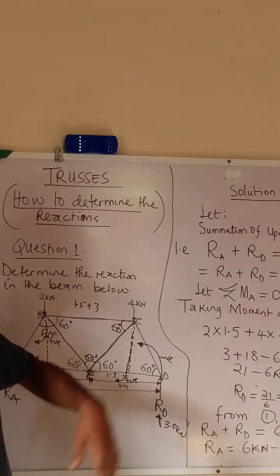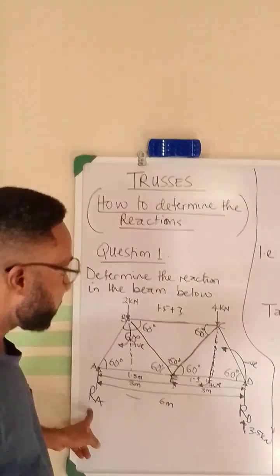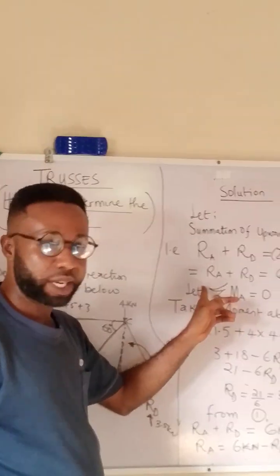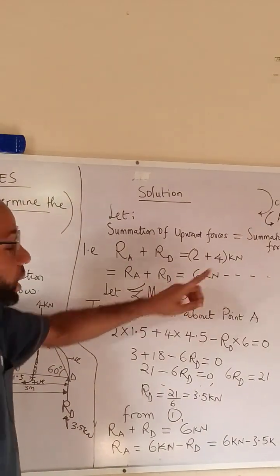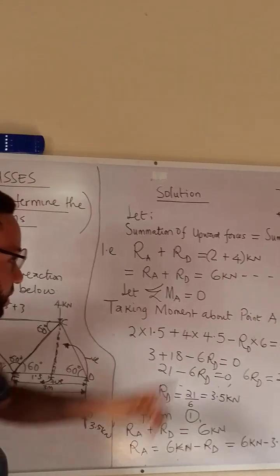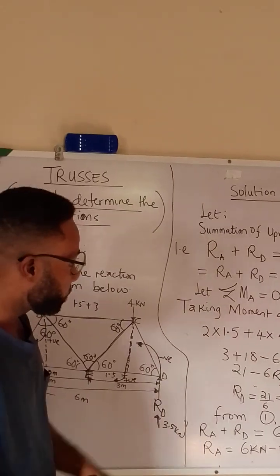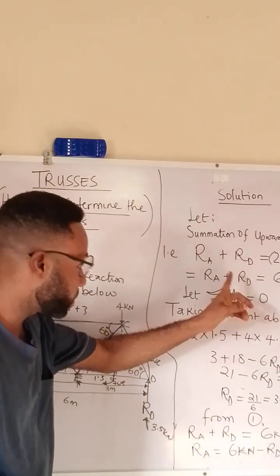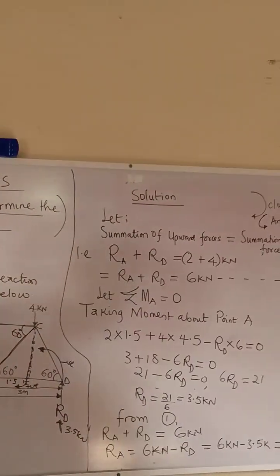To determine the value of RA, we go back to our equation 1, which is RA plus RD equal to 6 kilonewton. We've gotten the value of RD, so we can use this equation to determine the value of RA.